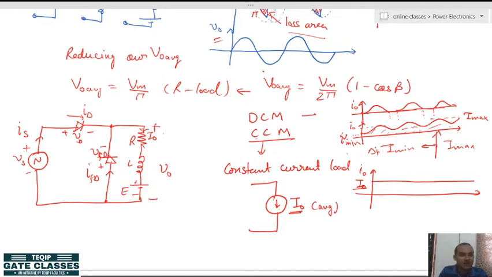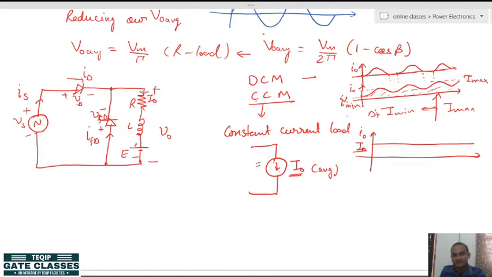So, what is happening here: I am taking this RLE load, and in my further examples I will model it as this constant current load. But before that, I am doing what happens for an RLE type load here. So, let us start with the waveforms.